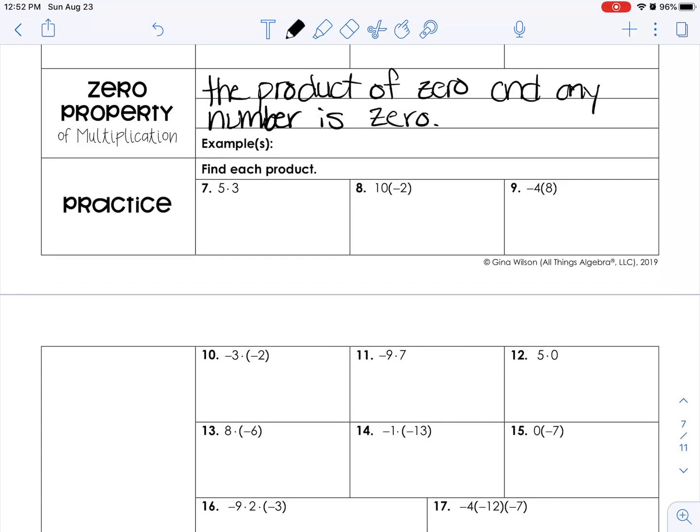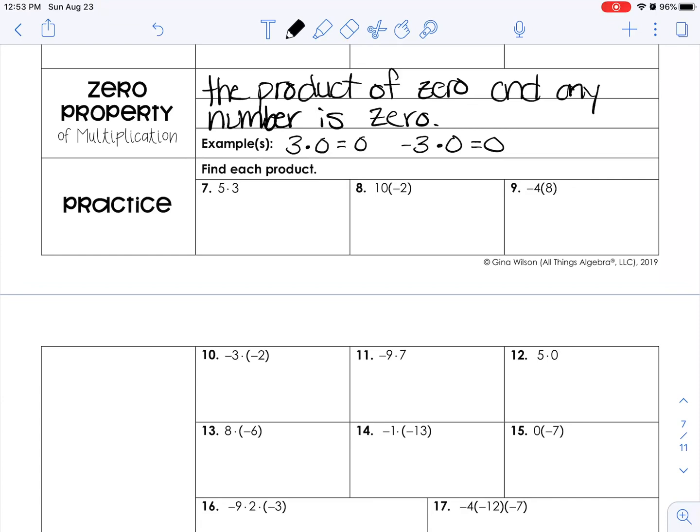So if you're multiplying 0 times anything, whether it's positive or negative, your result is going to be 0. For example, we already know 3 times 0 equals 0. But then we can also say negative 3 times 0 equals 0. So no matter if that number is positive, negative, if it's a fraction, if it's a decimal, it's going to equal 0. So now let's take a look at actually multiplying these.